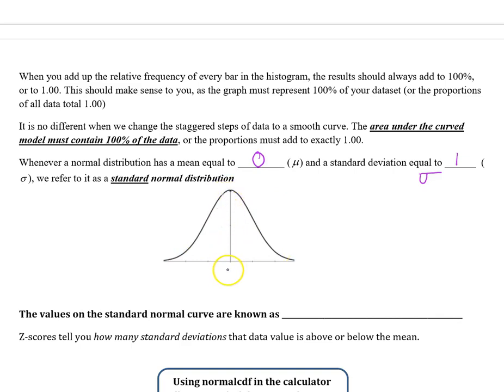The mean, or the center, is going to go right in the middle here. This is 0. And each of these little tick marks I'm going to label as 1, 2, 3, -1, -2, -3. Each of these values are 1, 2, 3 standard deviations from the mean. Same thing in the negative direction. These tick marks are representing what we call z-scores.